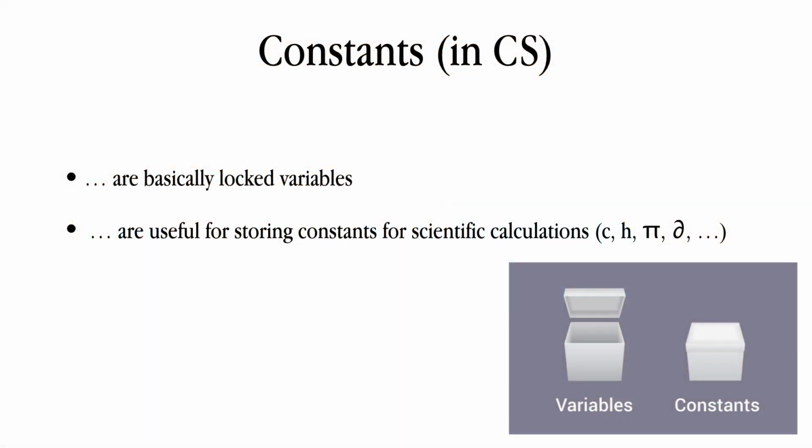And where would that come in handy? Well, for example, if you're working with scientific constants, for example, the Avogadro constant, or the speed of light, or the Planck constant. There are many uses for that. Or, for example, if you're working with pi and you have to store your approximation of pi somewhere, why not use a constant? You don't have to change that anyways.